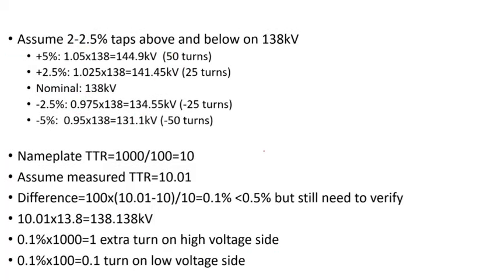So now let's assume, okay, so it's the same example. I just repeated these here. So now we calculated that. Now let's assume the measured TTR is 10.01, which is off by 0.01 from the nominal. So is that okay?